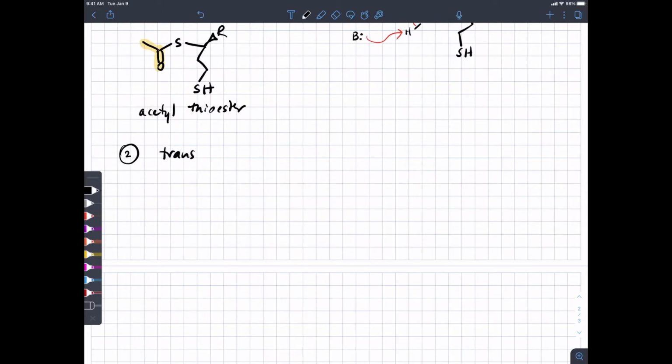This step we're going to call transthioesterification.